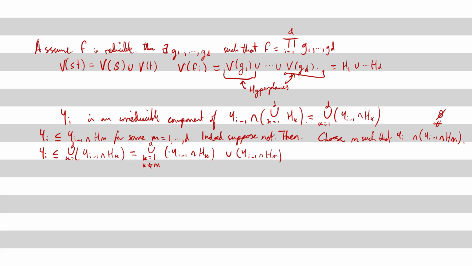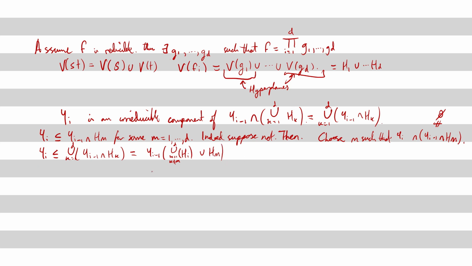In fact, I think that right now I am taking the executive decision to pull out the Y_{i-1}. Y_{i-1} intersect the union from k equals 1 to d, k not equal to m, of H_k, union H_m.